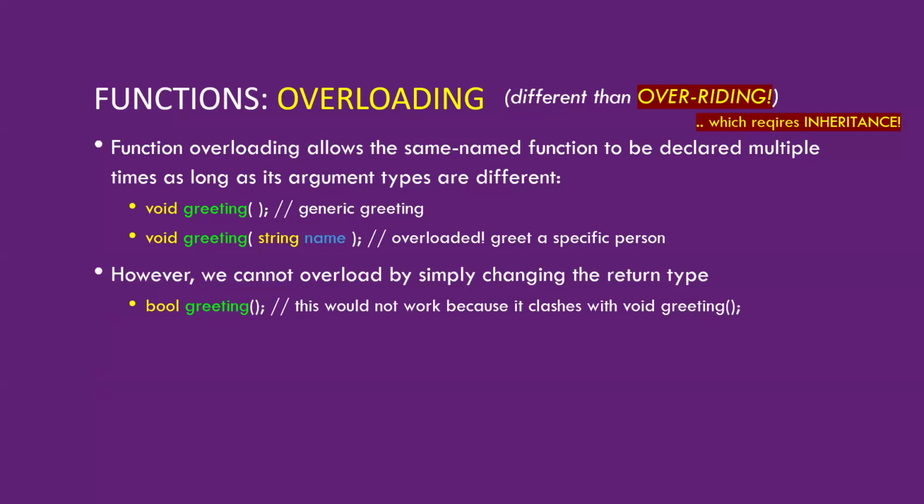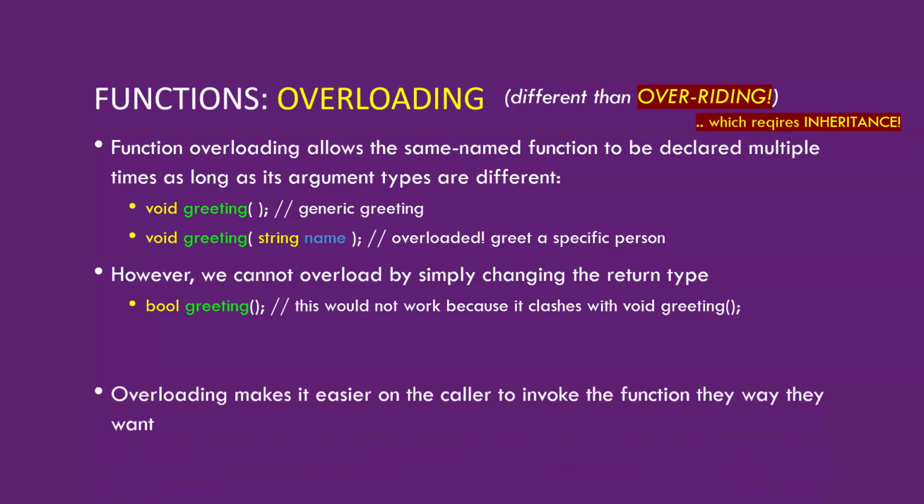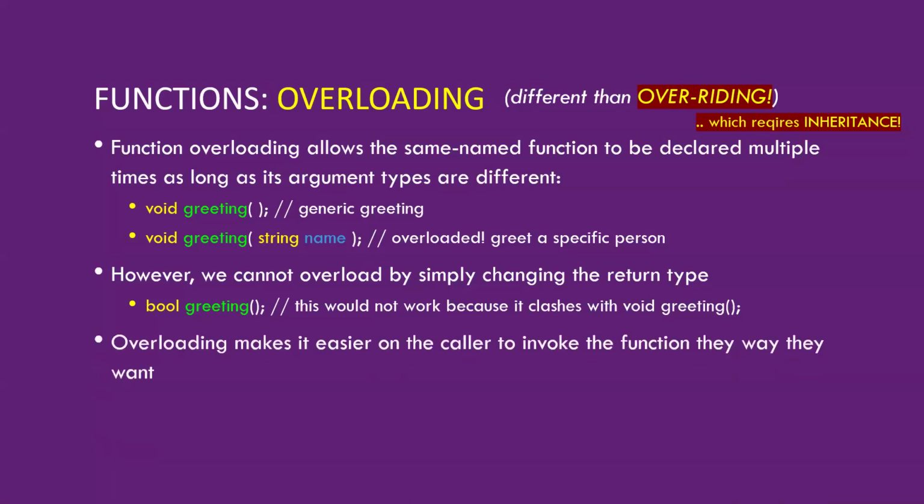And so this one here would not be legal in C++ because the only difference between the greeting above and the Boolean greeting is the return value. So we're not allowed to go with something that minimal. That just makes it easier for us to design things that don't clog up the namespace of our code. So our brains can relax a little bit more. Okay, so that is our overloading.